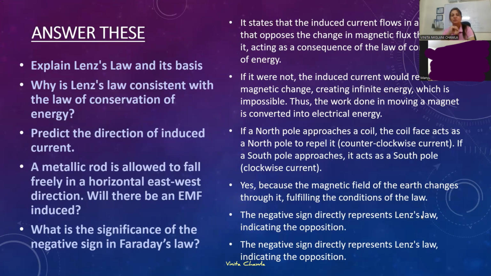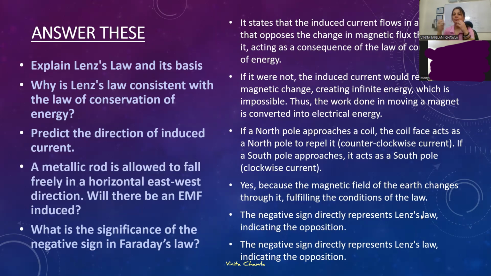Next is predict the direction of induced current. We can predict the direction of induced current by finding the direction of the induced magnetic field, right? If the north pole approaches the coil, then the coil face acts as a north pole to repel it, with counterclockwise current. And if the south pole approaches, then it acts as a south pole to repel it.